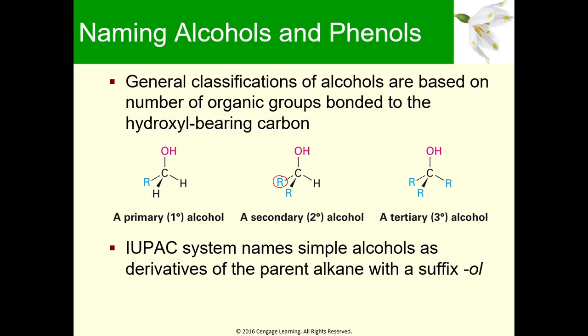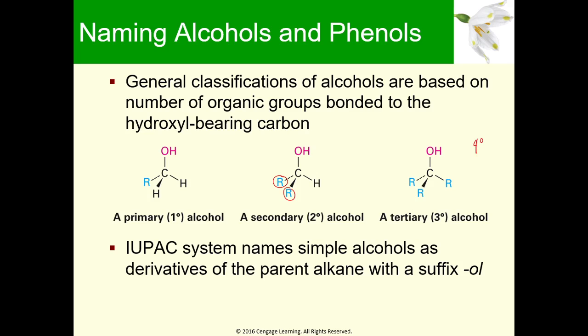Now, if you have two R groups attached to the carbon wherein nakakabit yung OH, that is called a secondary alcohol. Now, if that carbon with the OH is attached to three different carbons, we call that your tertiary alcohol. So there is no such thing as a four or quaternary alcohol.